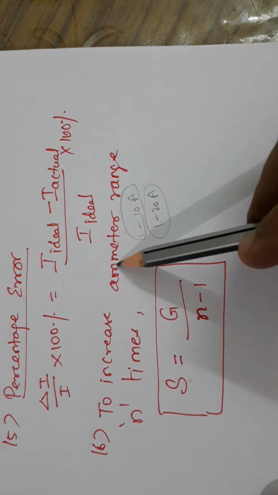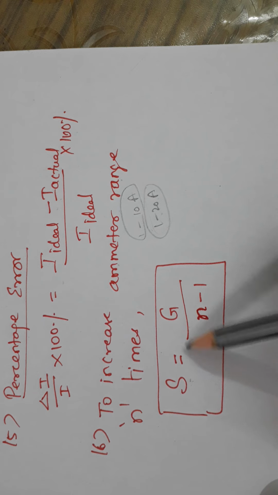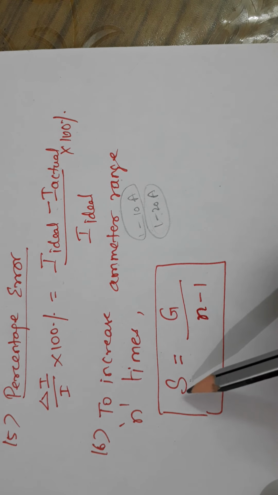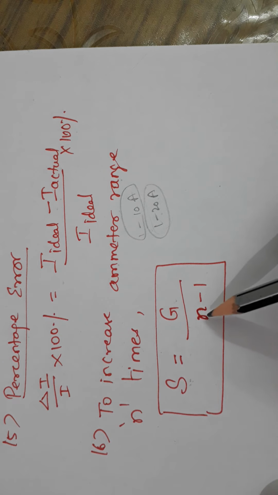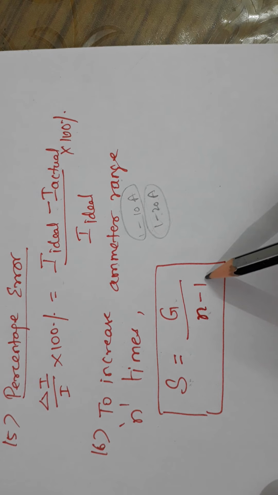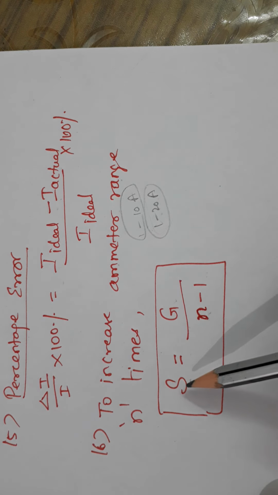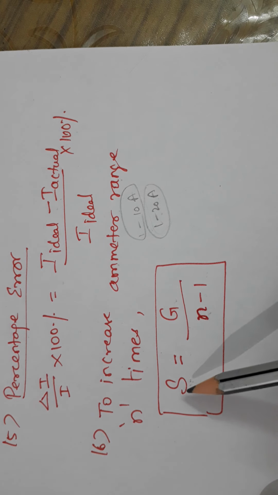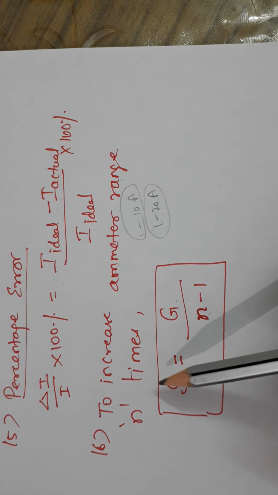To increase the ammeter range n times, you can use this formula: S is equal to G by (n minus 1). S is the shunt resistance, G is the galvanometer resistance, and n is how many times you have to increase the ammeter range. Using this formula you can choose the resistance of the shunt coil so that you can increase the ammeter range n times.